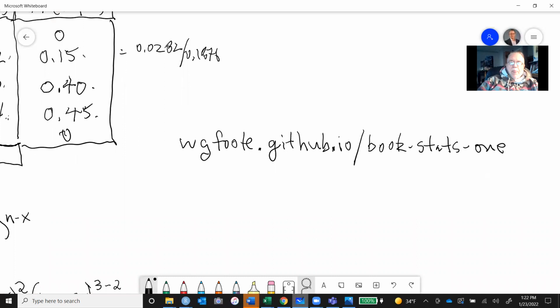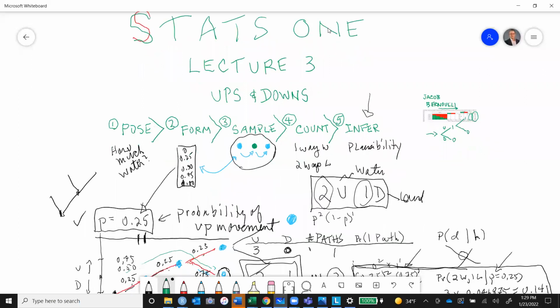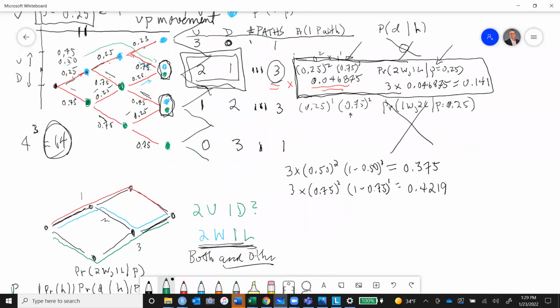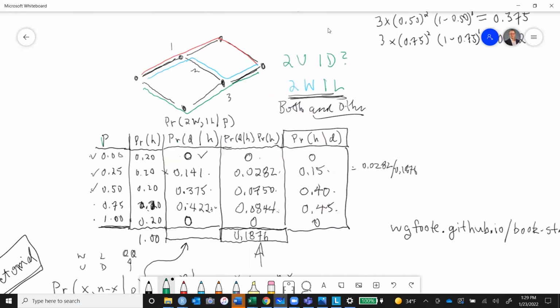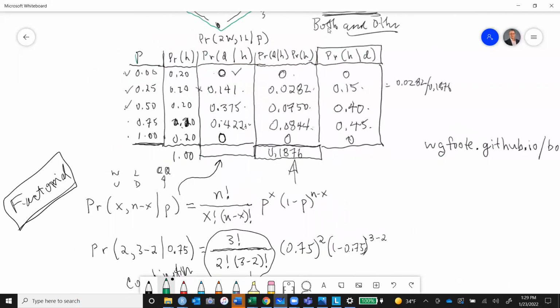Probability of a binomial formula. Well, let me, instead of writing it out, this is what we did write. There we go. There was the reconciliation that we were beginning to do between the two. Got exactly the same numbers.